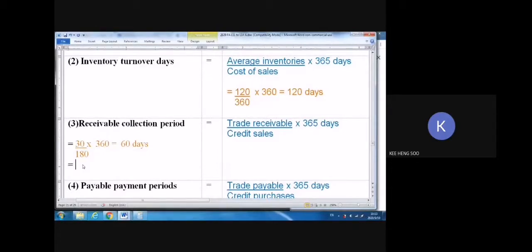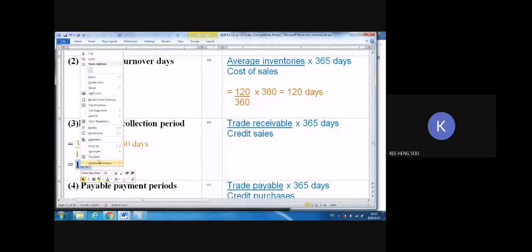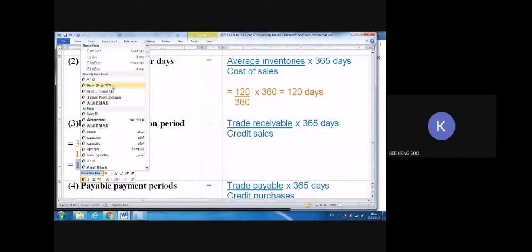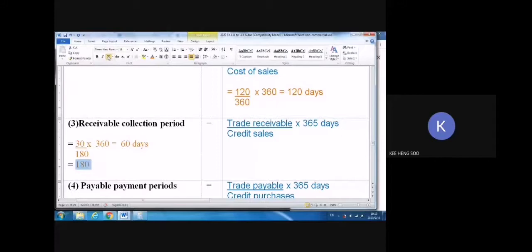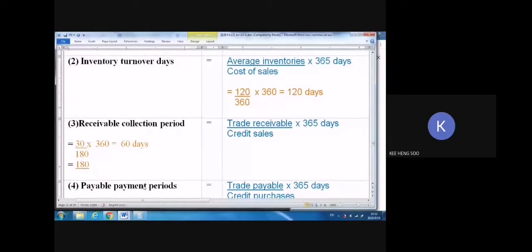I put it like that, 180 divided by 30, like your inventory. This one will be equal to 6 times.